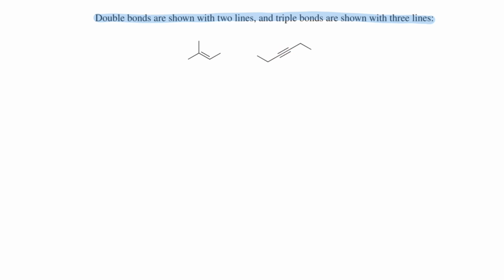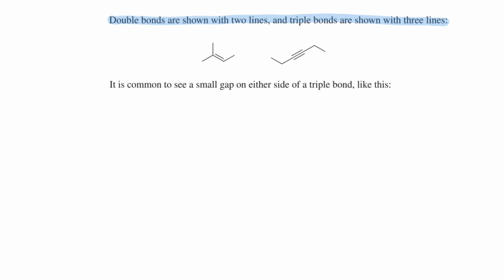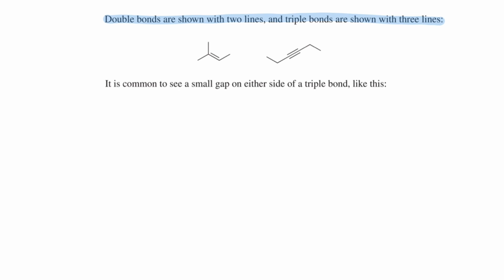In bond line notation, in triple bond representation, a small gap may be acceptable. That is, this structure can be represented like this.